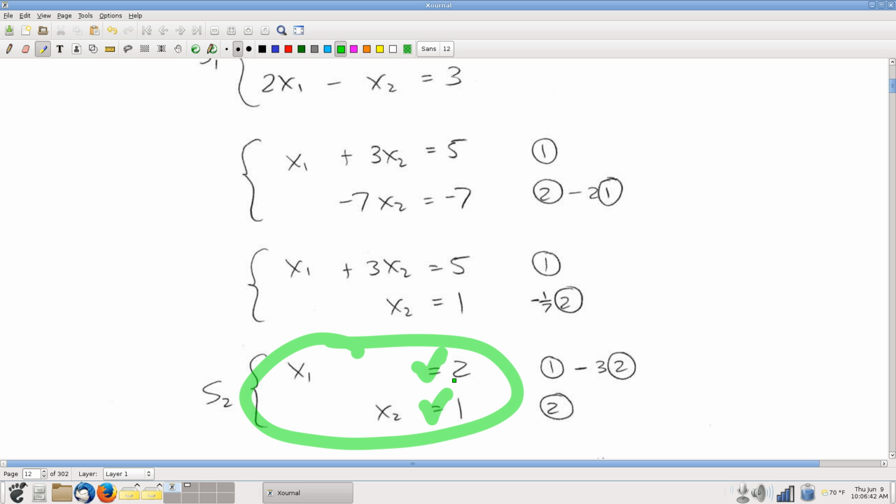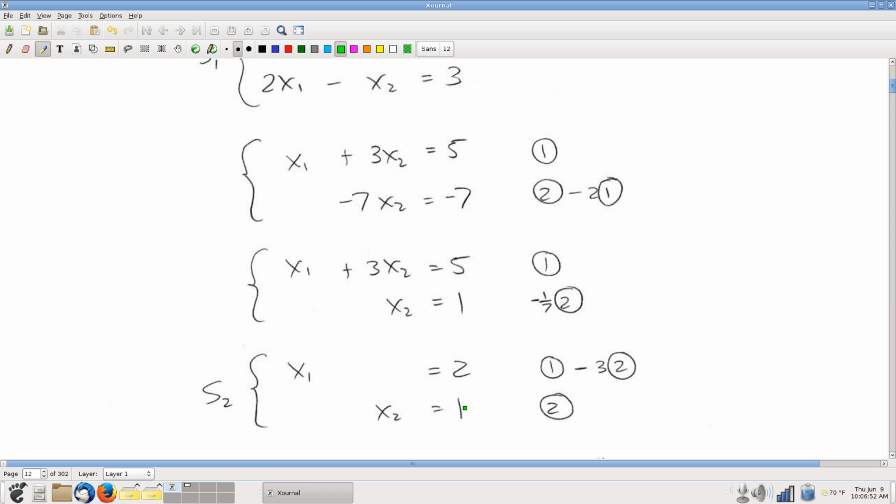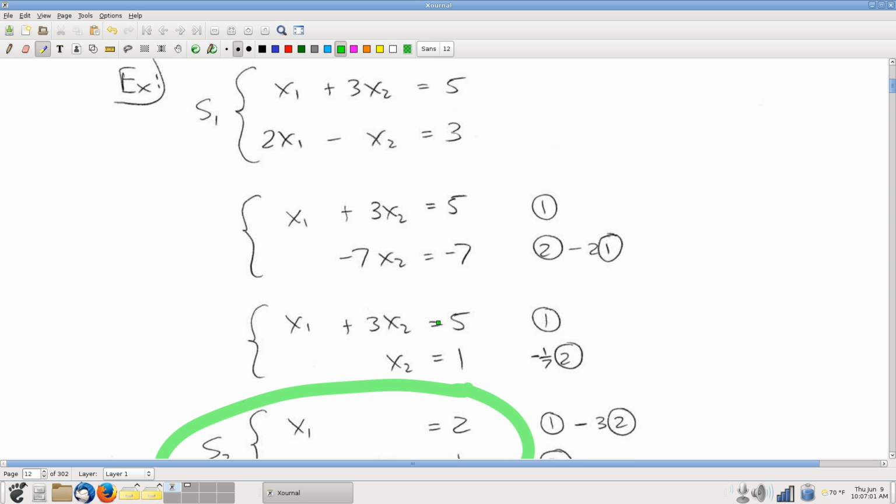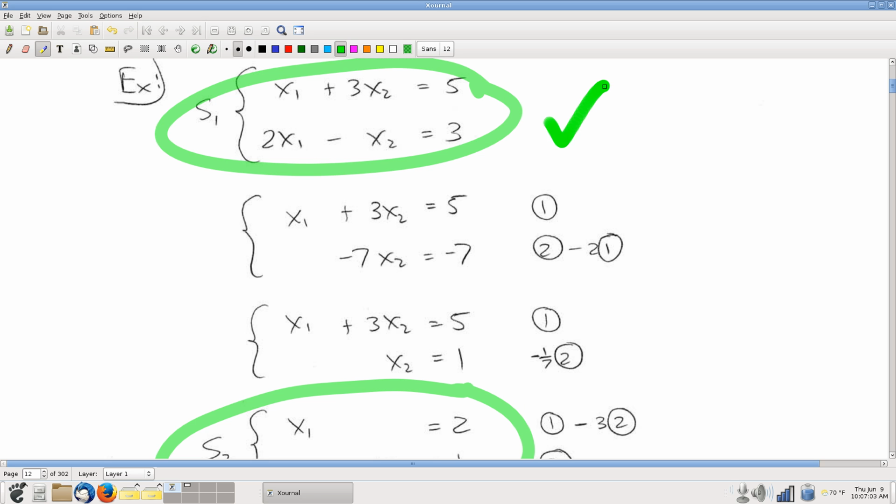I've not only found a solution, but I know that any other solution other than 2, 1 would fail at least one of these equations, and therefore not satisfy the system. So easy to see the exact complete set of solutions to that system. And because of equivalence, I can conclude that what I've found is also the exact set of solutions to that system.